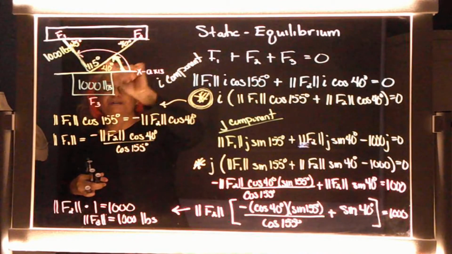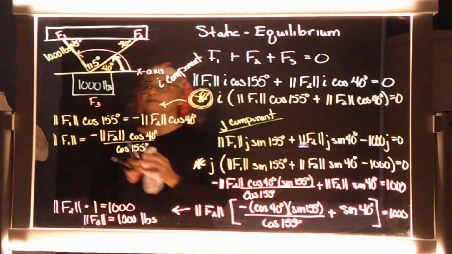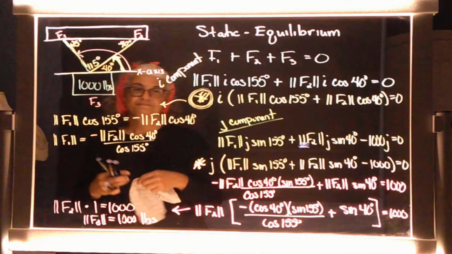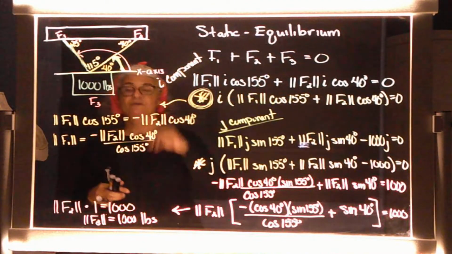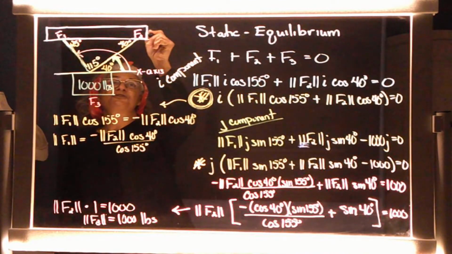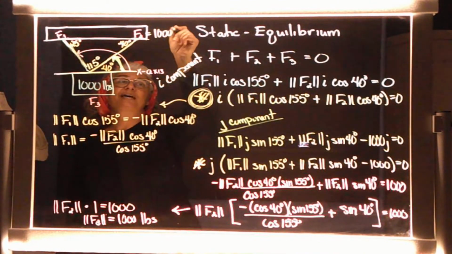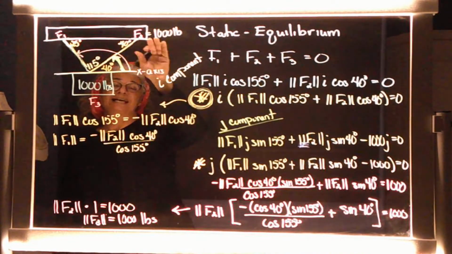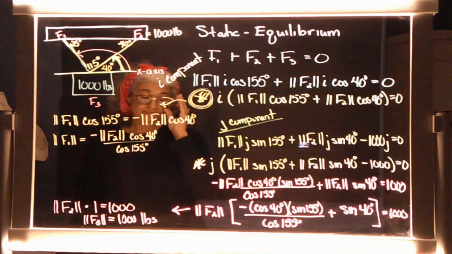Which means the tension on this cable is 1,000 pounds. Got it? But I still need to find, whoops, I'm sorry, I'm on the wrong side. This is why I need you doing it with me. F2 was the one on the right, pardon me. So F2 has 1,000 pound tension on it in order to hold its end up of the cable.